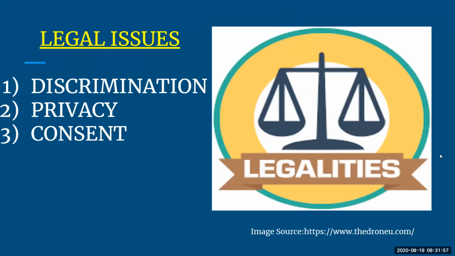Next is legal issues, or you can say the topic of legalities. When we talk about legalities, it means something you are doing legally, within the norms. You are not breaking the norms. You are following legal authorities.